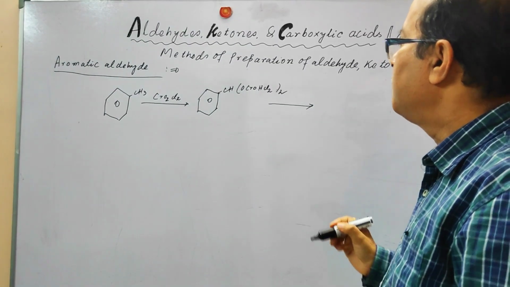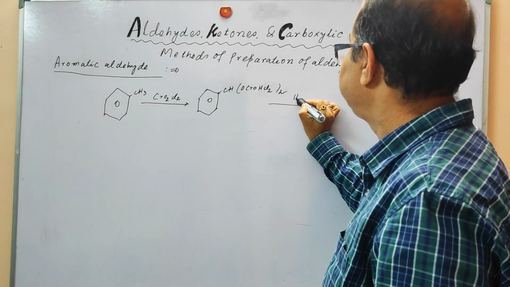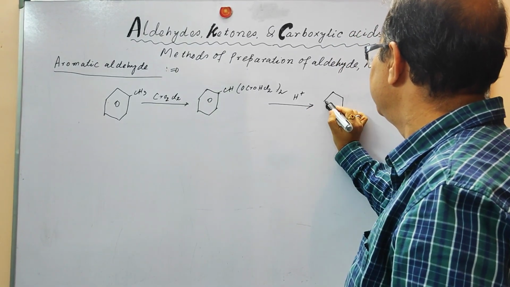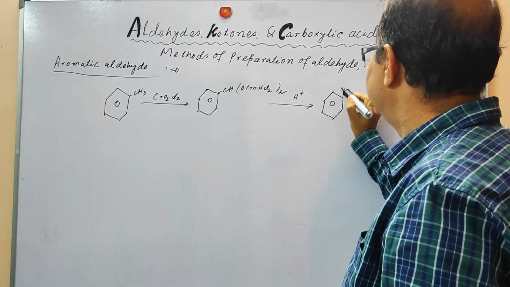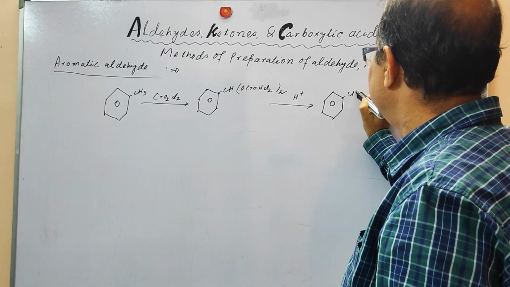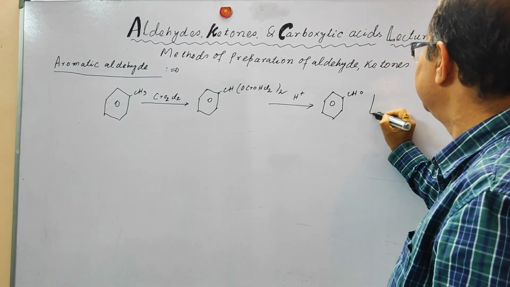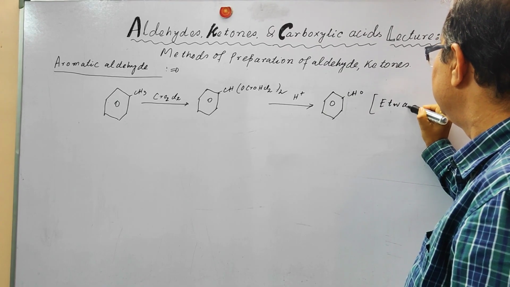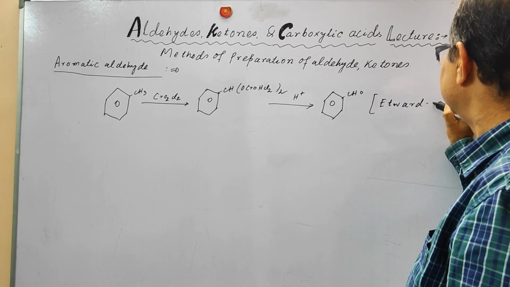So this is a chromium complex, and when we hydrolyze it, it is going to produce benzaldehyde. The reaction name is the Etard reaction.